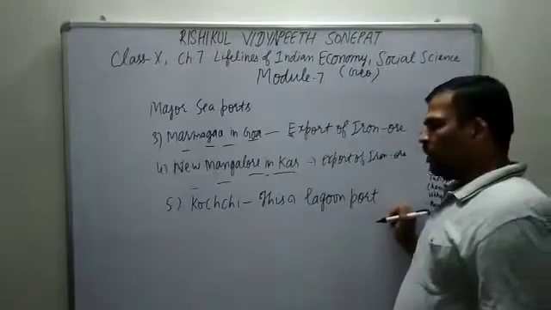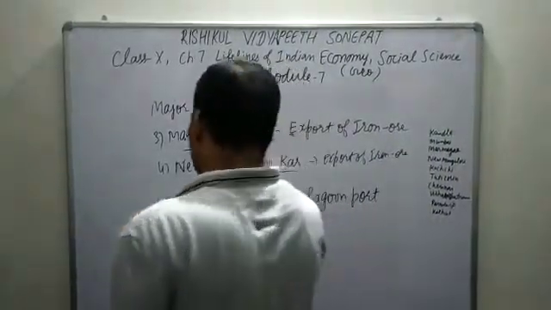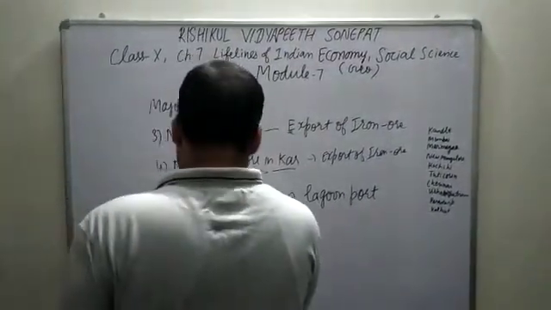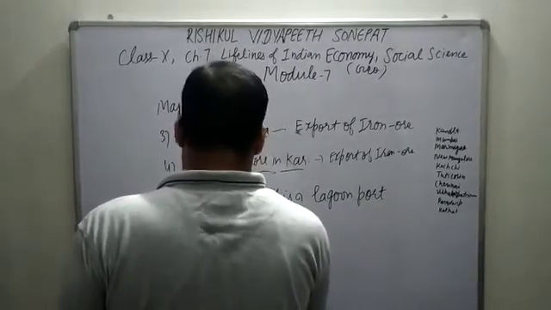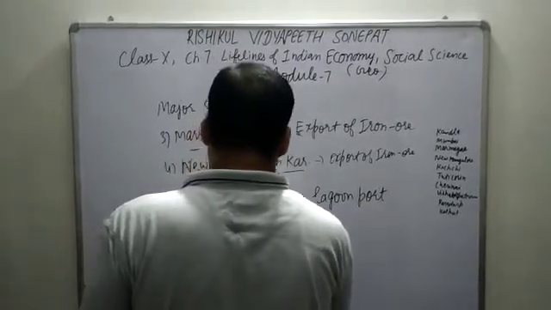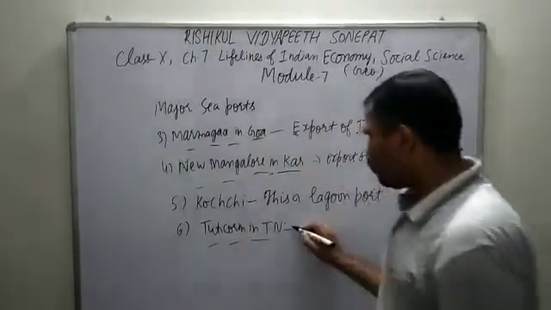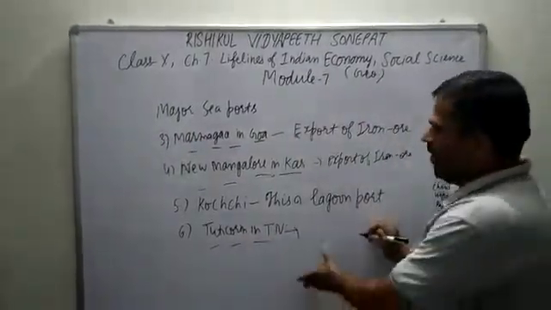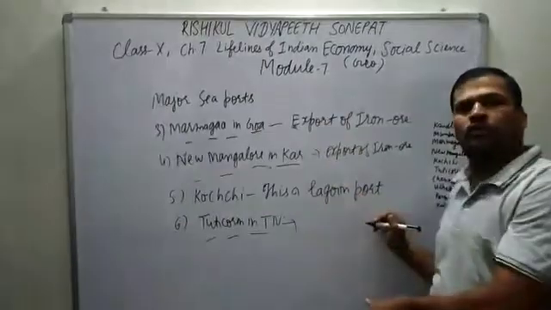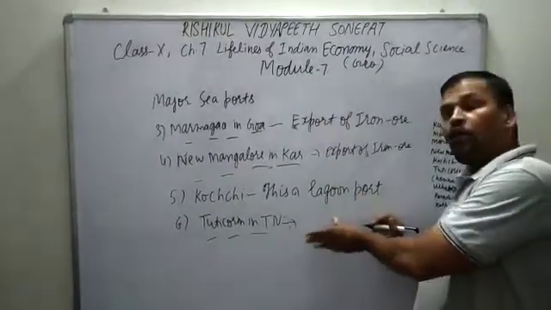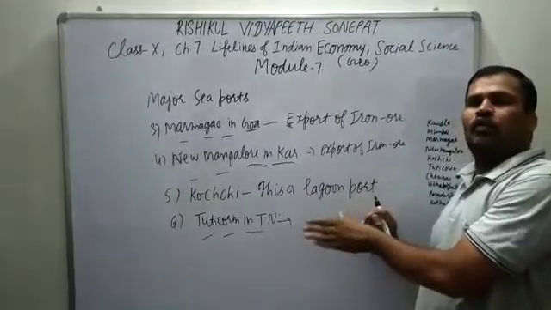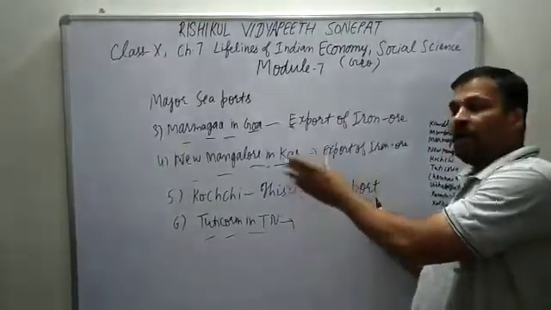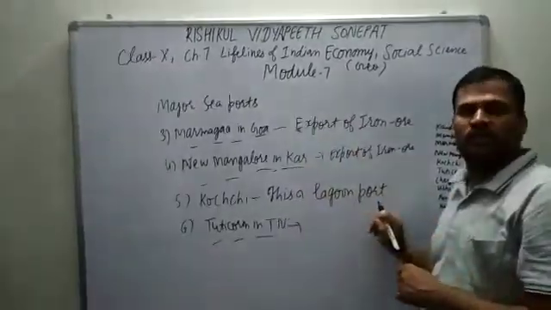Okay. Now the next one is Tuticorin. That is in Tamil Nadu. Okay. It is also an important one, again in terms of iron ore. The iron ore from Kudremukh, Bellary and other places is exported to other countries.